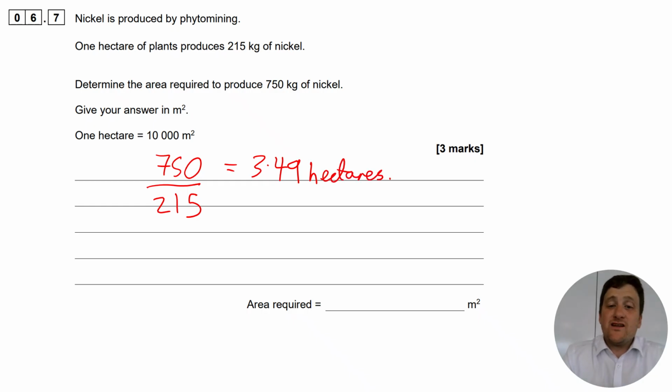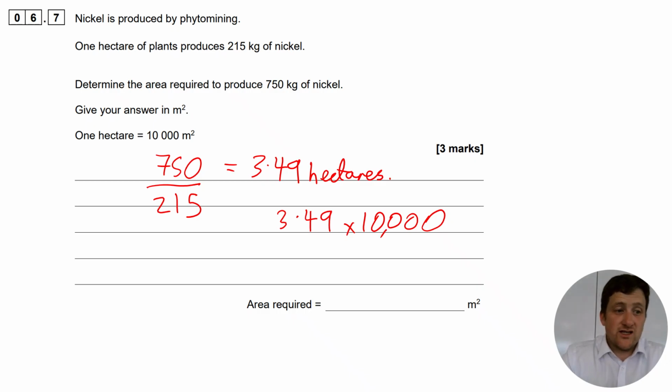Okay, but we need to give the answer in meters squared, not in hectares. But we know 1 hectare is 10,000. So what we're going to do is 3.49 times by 10,000.